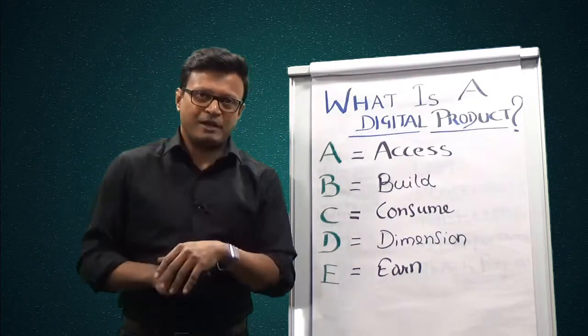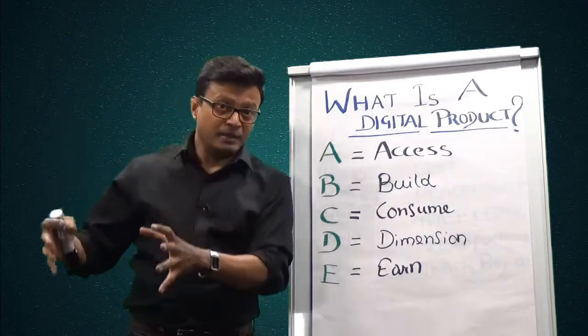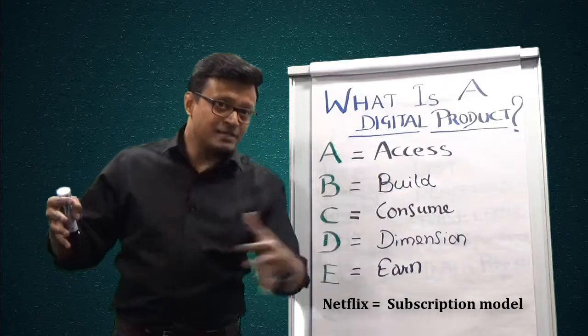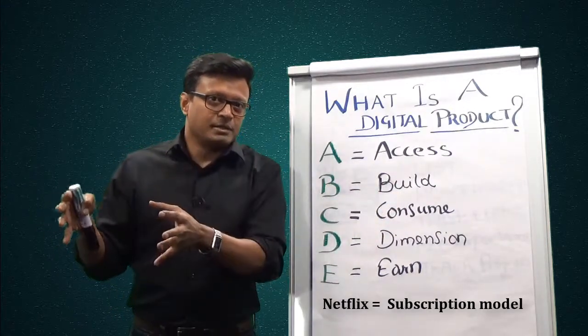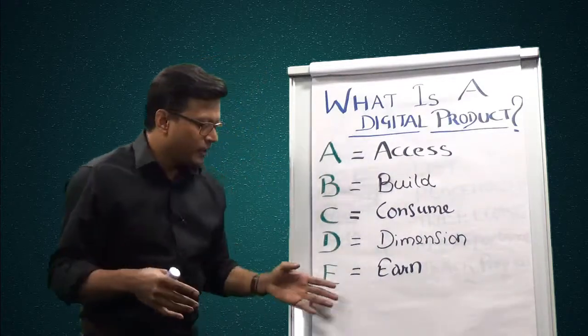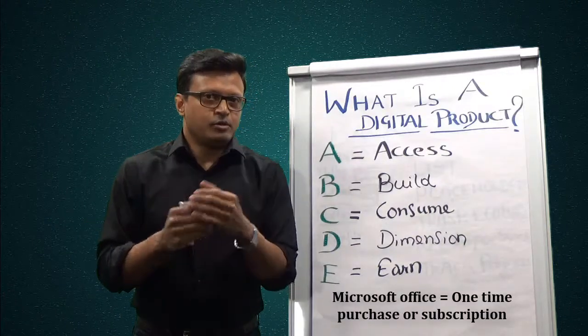So for example, your Netflix, that application, that digital product has been created once, and then as a subscription model with a license fee, it's being used by multi-million users, the same product, and you are earning through that subscription model. The other way is, if you take the example of your Microsoft Excel or PPT, you have got two options.